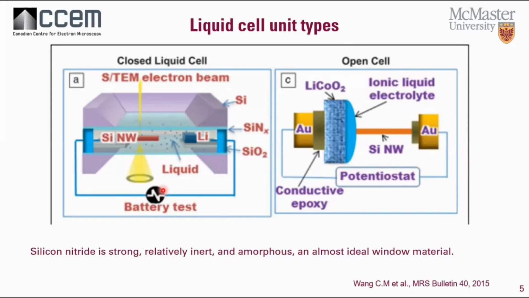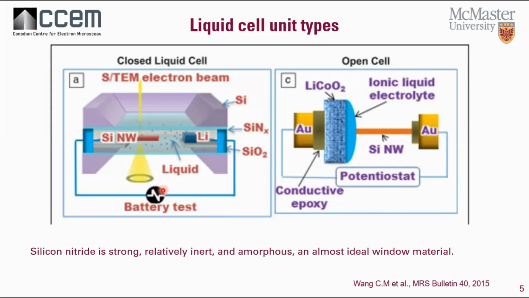A region of silicon about 100 microns across is etched out of each wafer, forming windows of silicon nitride. A spacer material such as silicon dioxide patterned onto one wafer keeps the windows at the correct separation. Closed cells are suitable for electrochemistry and heating capabilities.